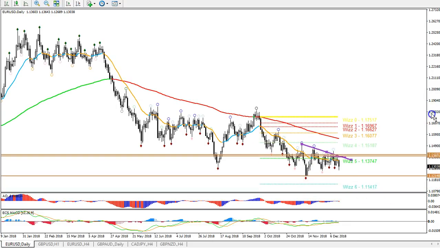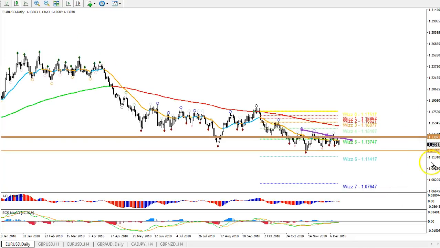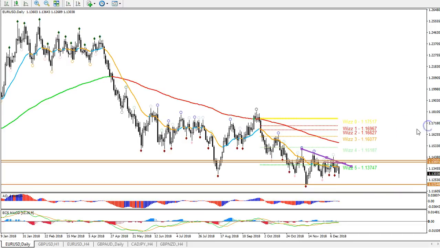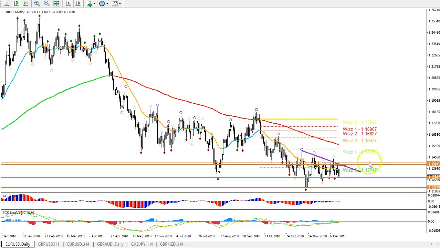The 6th WIS level is around 111, and we have a lot of space down to the 7th. But for the moment, I still think the patterns indicate a bigger correction. If it does break through this level at 113-ish, let's put a line there again, then a downtrend continuation is possible. 111.40 would be one of the next targets to think about.